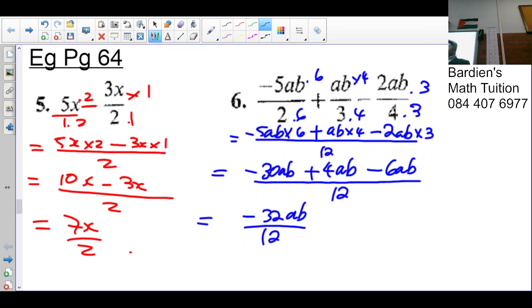And then you guys think you are finished. Not so. Why? Because I can simplify. What number goes into 32 and 12 without remainder? 4. 4 goes into 32 eight times. 4 goes into 12 three times. The answer is, don't laugh so much. The people that walk past might think you're enjoying yourself. So you got negative 8AB over 3.